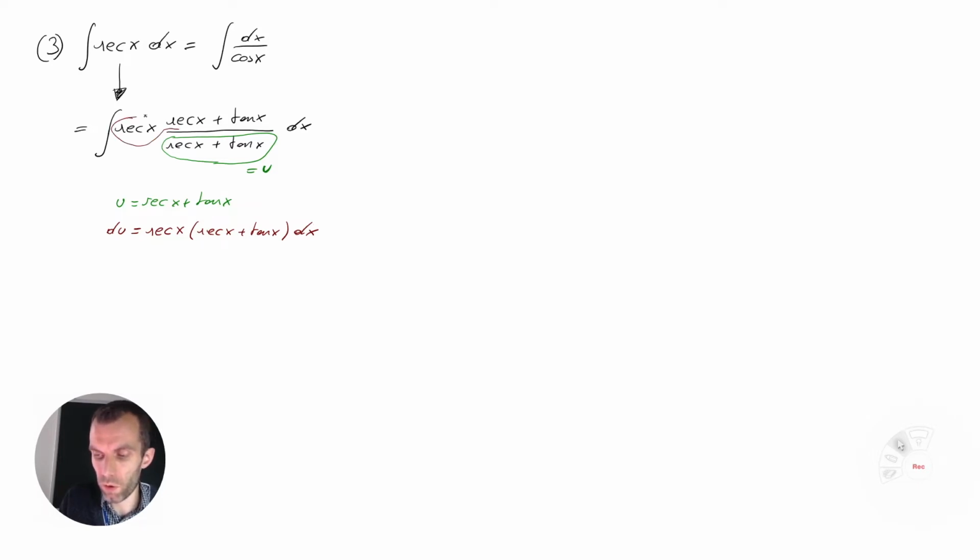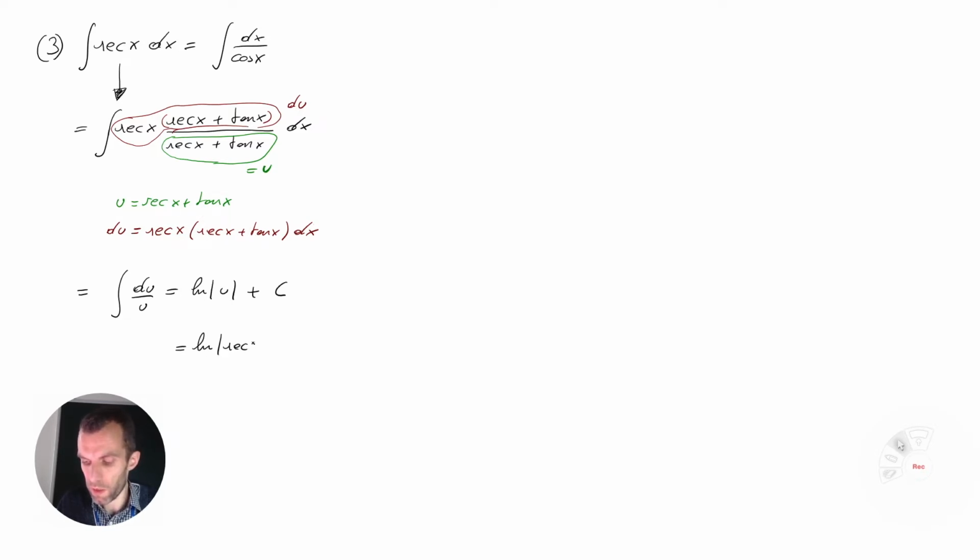So this whole thing, with parentheses here, that becomes du. And therefore our integral now becomes du divided by u, which gives us logarithm of absolute value of u plus a constant. So logarithm of secant of x plus tan x plus a constant.